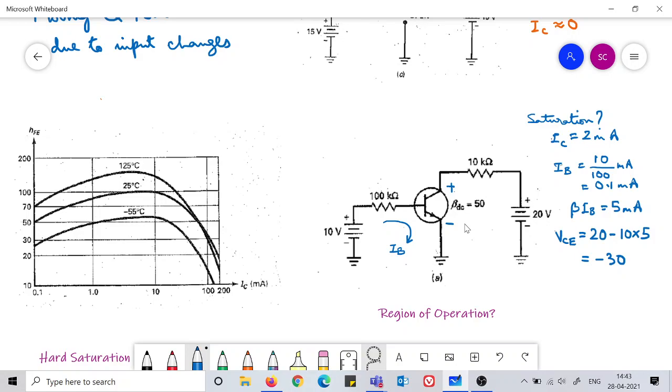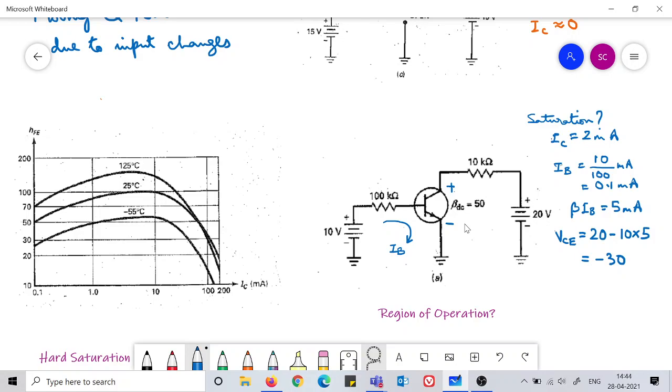One way is to figure out the short circuit current, which is the saturation current, and see whether this current is less than the active region current. If it is less than the active region current, then it is in saturation.